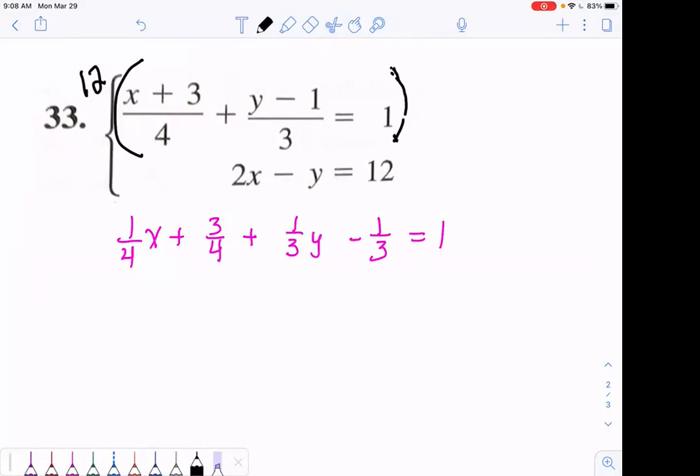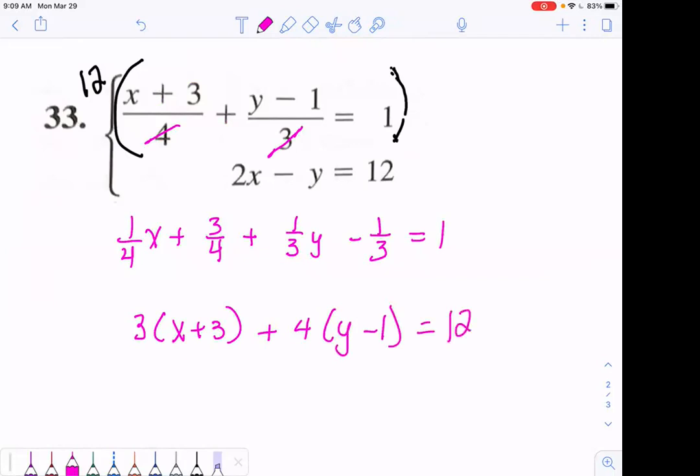So if you multiplied by 12, the 4 would cancel, leaving you with 3. The 3 cancels, leaving you with 4. So when you multiply by 12, the denominator cancels, but then remember you still have a quantity.